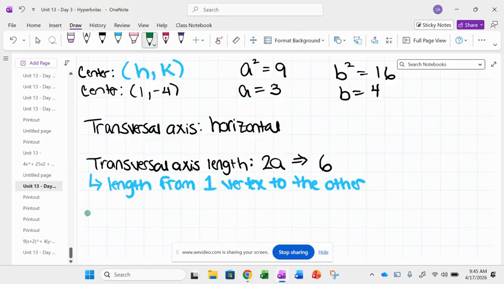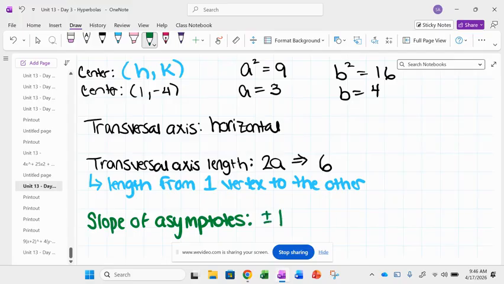I'm now going to identify the slope of the asymptotes. And now if you guys remember, the slope of the asymptotes for a horizontal hyperbola is going to be plus or minus b over a. So this is going to be plus or minus 4 over 3.